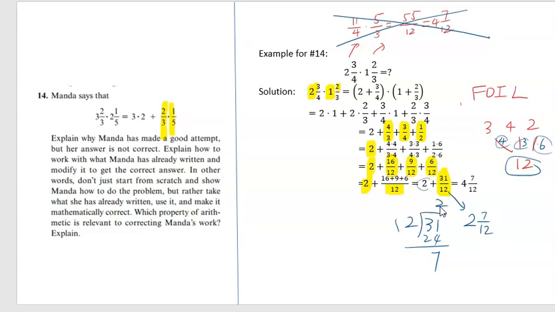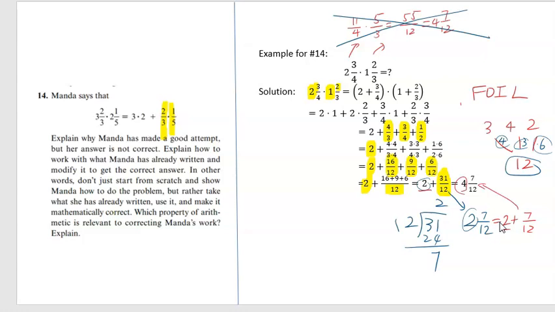Notice there's another 2 here, so for addition we can add the whole numbers, because this part literally means 2 plus 7/12. It's all addition, so we add the other 2. I combine a 2 and a 2 to get 4, and keep the fractional part 7/12.